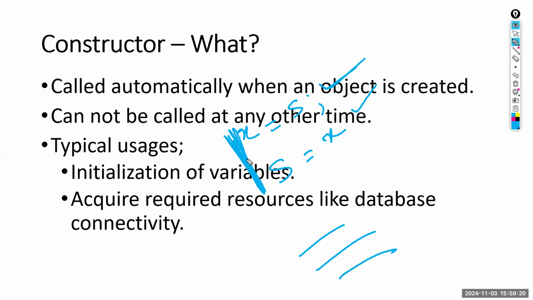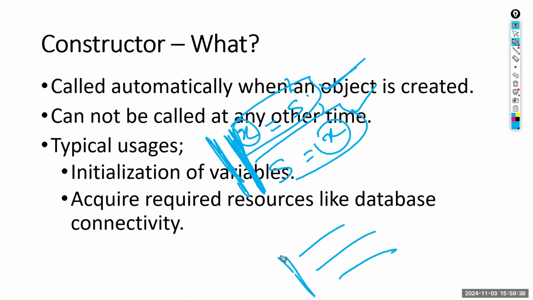Because a static method cannot refer to instance variables. But an instance method can refer to static variables. So therefore, these kinds of assignments are valid in an instance method, but cannot be done in a static method because a static method cannot refer to instance variables. Okay.